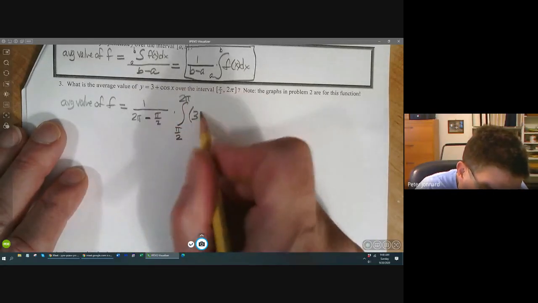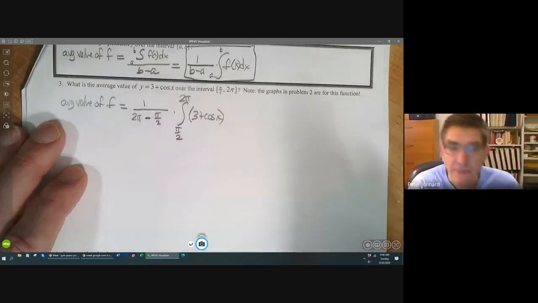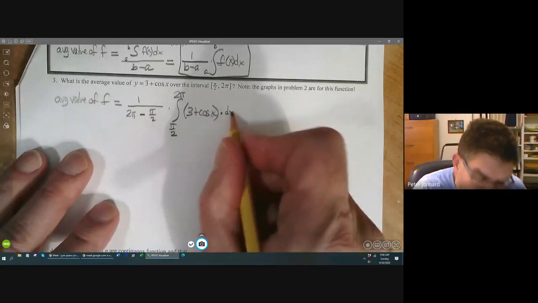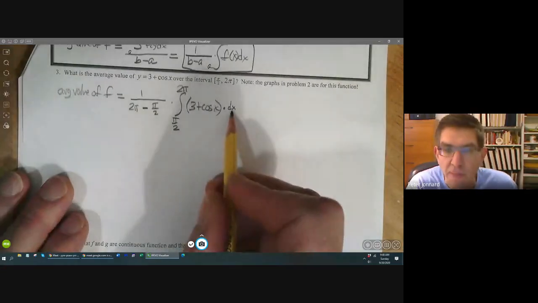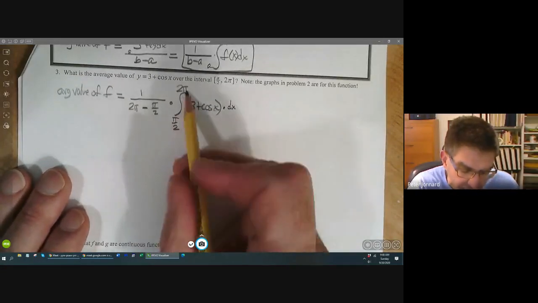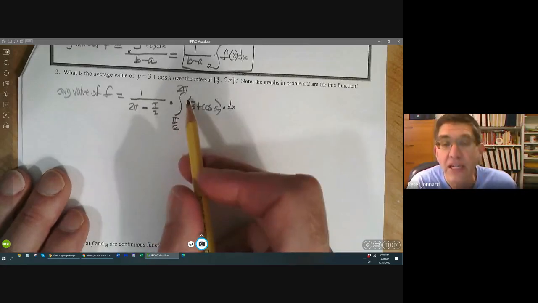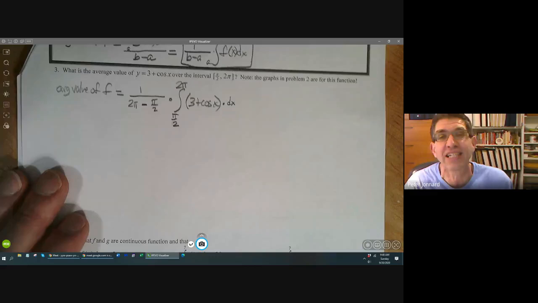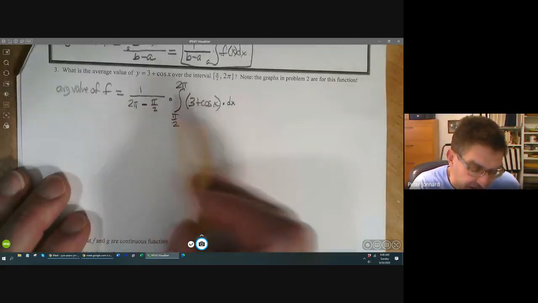It was 3 plus the cosine of x. That's the height of each rectangle, but then you need to multiply by the width of each rectangle, which is infinitesimally small. This tells us that x takes on every single value between here and here. There's an infinity of them, and we're adding up an infinite number of infinitesimally small rectangles to give us the area.